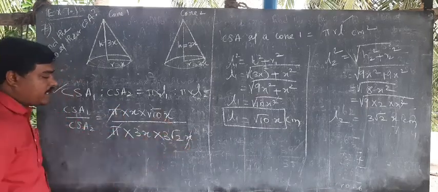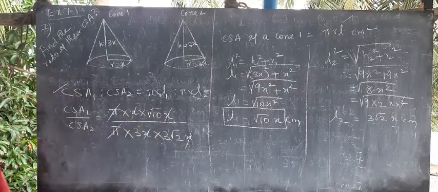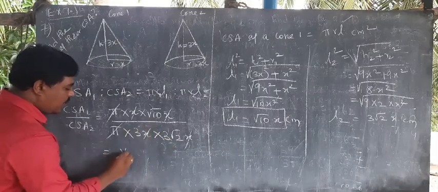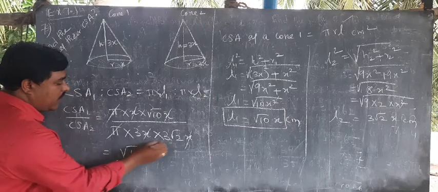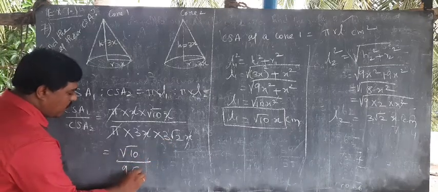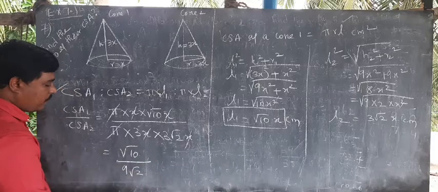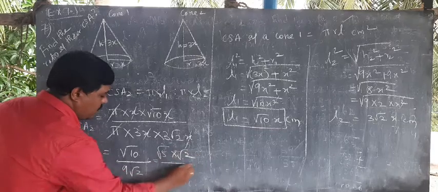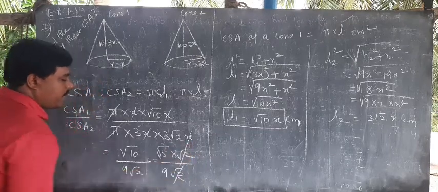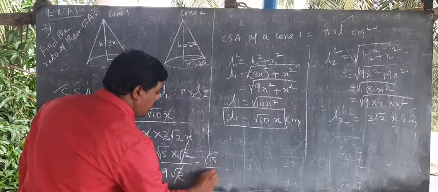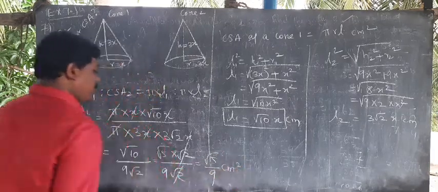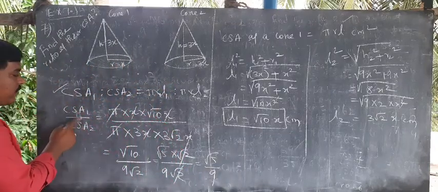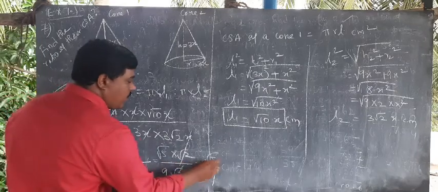Here x will be cancelled, here also x will be cancelled. 3 into 3 root 2, that is 9 root 2, and root 10 I write as root 5 into root 2. By 9 root 2, the root 2 will be cancelled. The answer will be root 5 by 9. So CSA of 1 by CSA of 2 equals root 5 by 9.